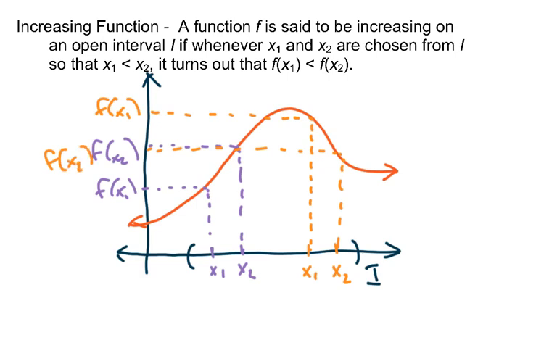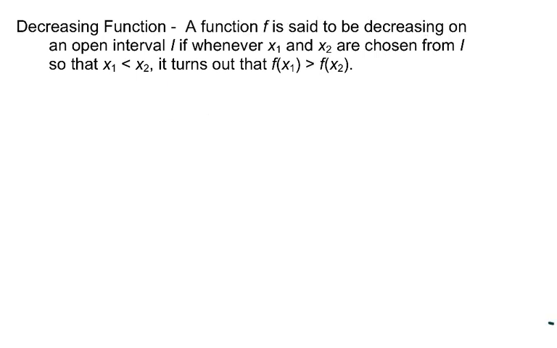And it has to be the case that no matter where you pick x1 and x2, with x1 to the left of x2, f of x1 must be less than f of x2. So the values of y have to be continuing to move up as you move from left to right. If they start moving down, it's no longer increasing. Hope that makes sense.